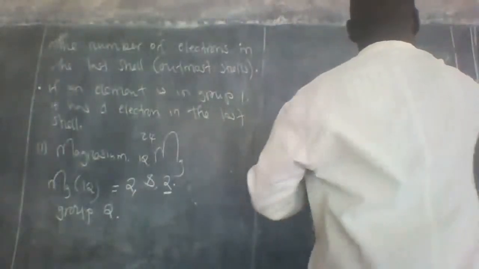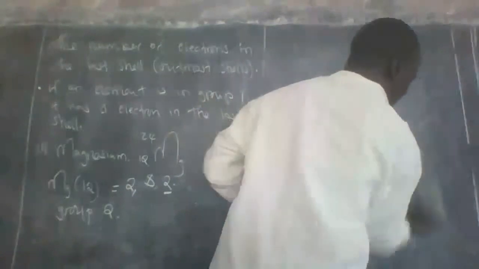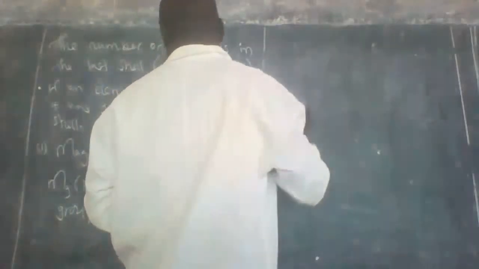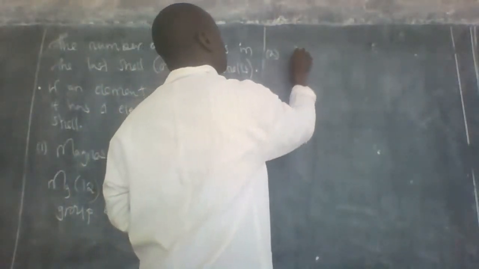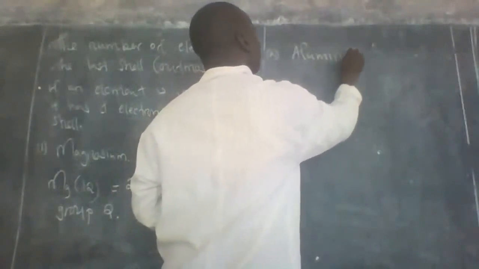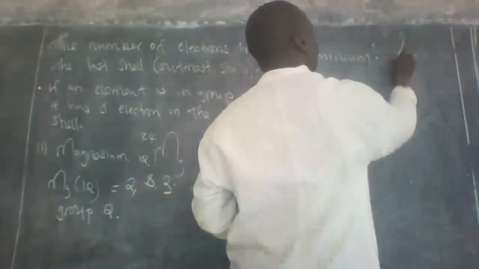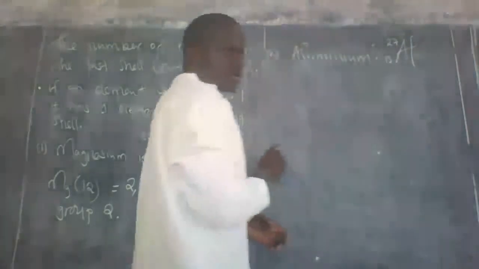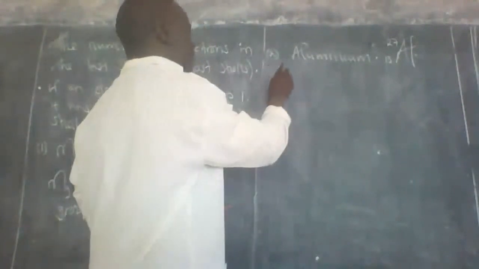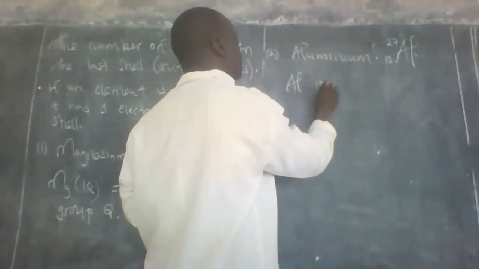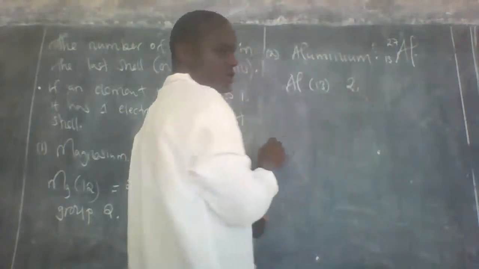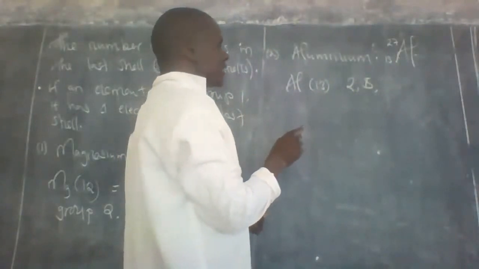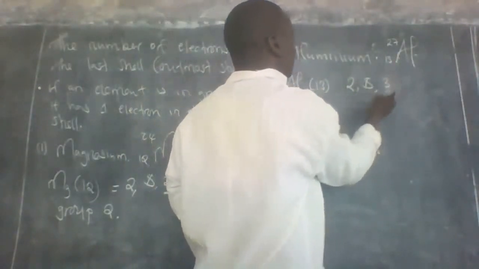The other one that we can look at is aluminium. In which group is aluminium found? Aluminium is written Al 27, 13. So if you do the configuration of aluminium with 13 electrons, you find that the first shell will be 2, the second shell will be 8, and the third shell will be 3, because they are 13.